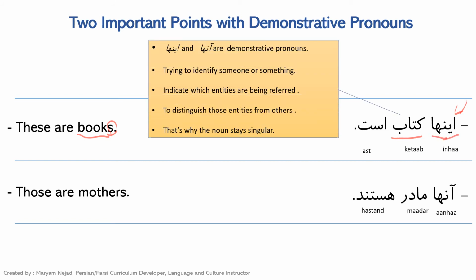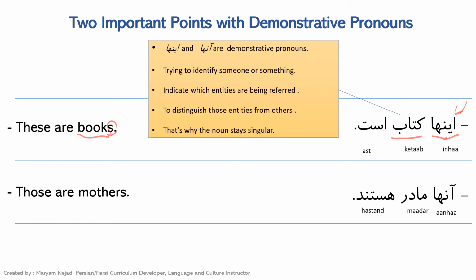We said earlier that demonstrative pronouns are trying to identify someone or something. So here basically they are trying to distinguish between entities, right? Let's say we have a book and then we have a pencil. So demonstrative pronouns are trying to distinguish between a book and a pencil. And in this case, the noun in Farsi stays singular because the focus is more on that rather than the number.